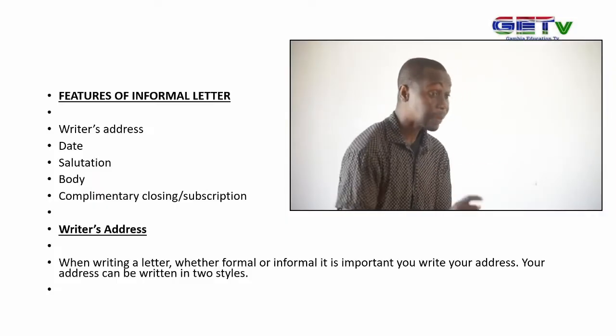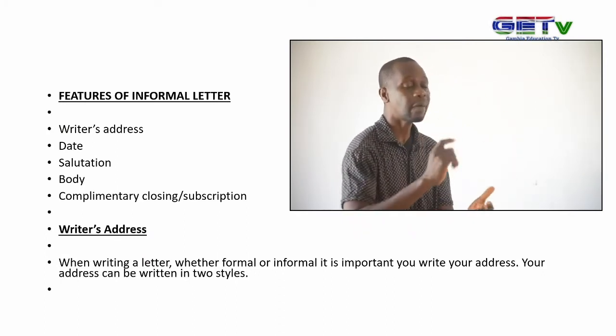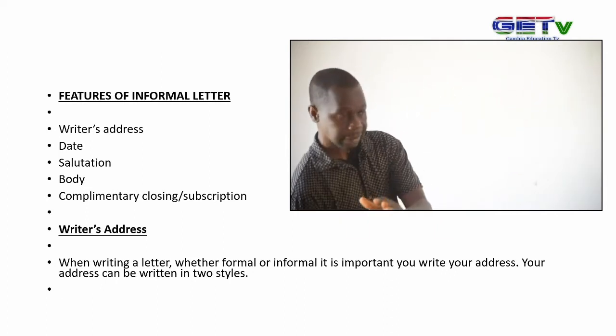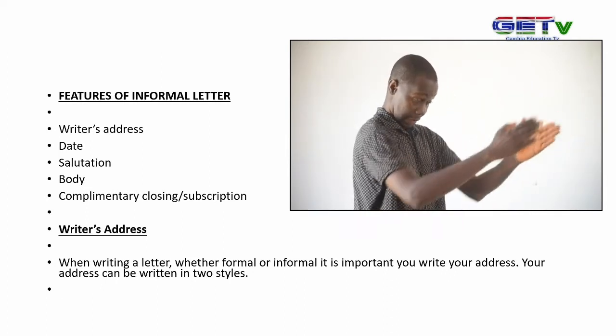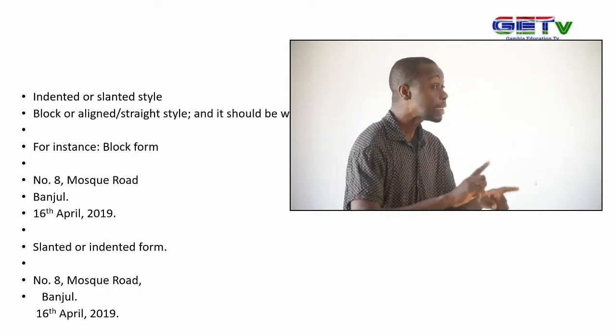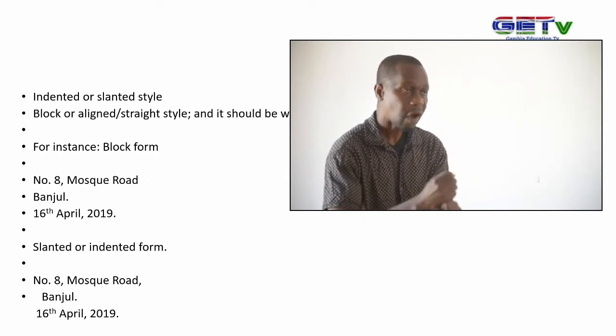Your address can be written in two styles, like we have mentioned in the formal letters. You can write in the slant way, or you can write in the straight way. The types are indented or slanted style, block or aligned, straight line, and it should be written at the top right corner of the paper.